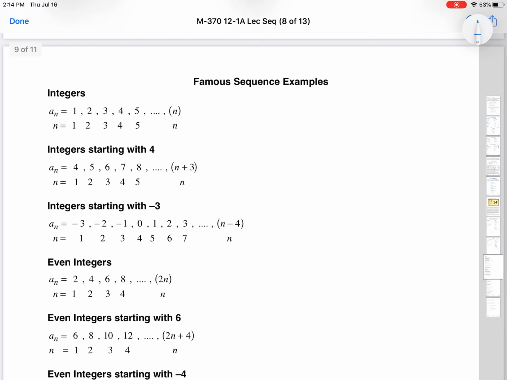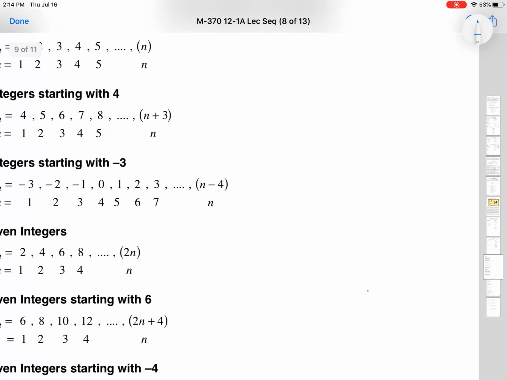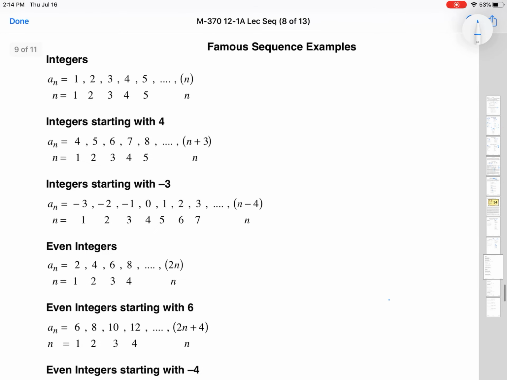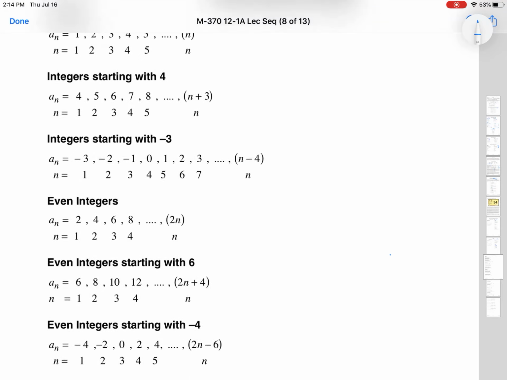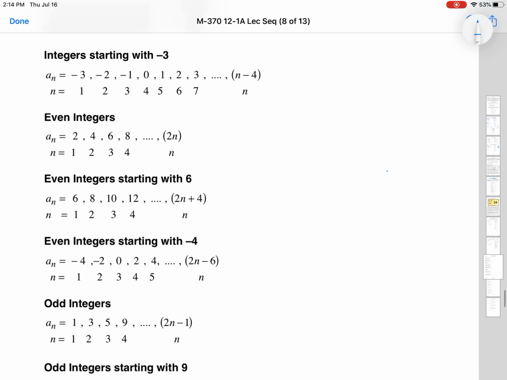Famous sequence examples. Integers starting with 4, integers starting with -3. I'm not sure why these are wonderful examples here, but you have even integers, 2n, integers starting with 6, 2n plus 4 would do that, right? So what he's showing you is those things that come out. If you had a 2n minus 6, you get even integers starting with -4.